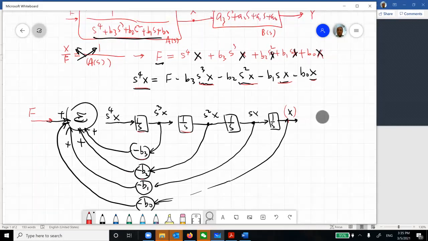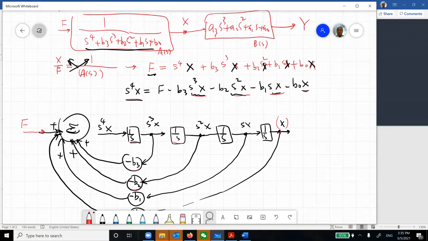So let's check, because x in here, pull out in here. So Y equals A3 s3x, and A2 s2x plus A1 sx plus A0x.